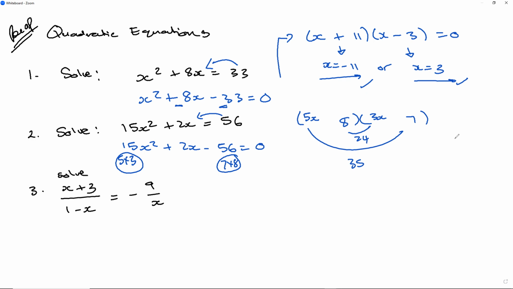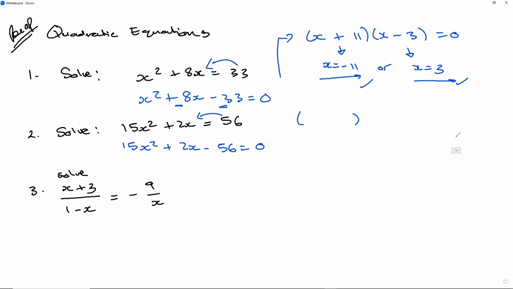So I've got to think very carefully now. If I'm going to solve this, it might take a while. I could just use the quadratic formula. If I use the quadratic formula, I know my A is equal to 15, my B is equal to 2, and my C is equal to negative 56.